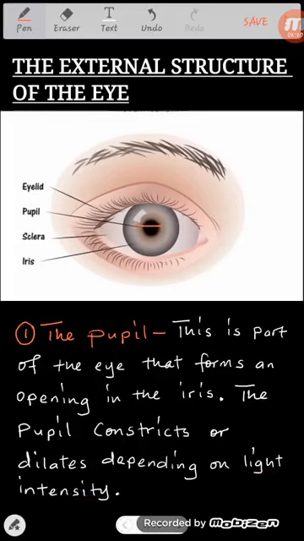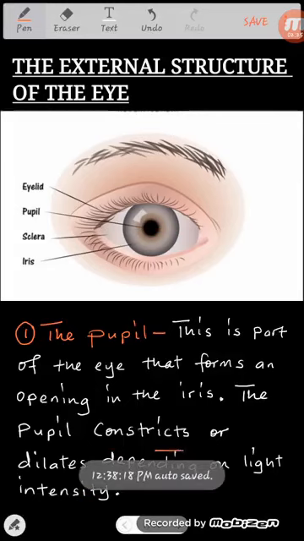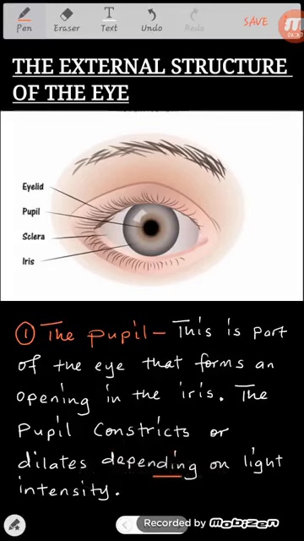So this pupil dilates or contracts depending on the amount of light that is there in the environment where a human being is at that particular time. To constrict simply means to grow small in size. To dilate simply means to grow big in size.